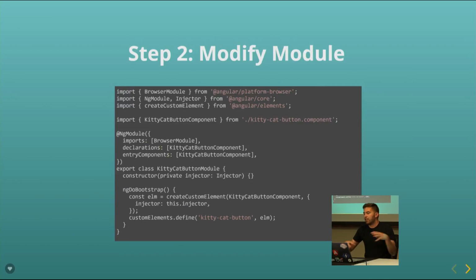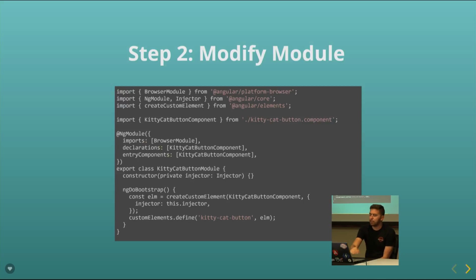When it actually comes to telling our Angular application that we're going to be compiling web components, we sort of hijack some logic in our ng module. Before, you had an ng module where you would bootstrap your application and it would actually render the page. But here we're basically creating a library of components that we're going to use. So we don't really need to bootstrap, so we get rid of that.